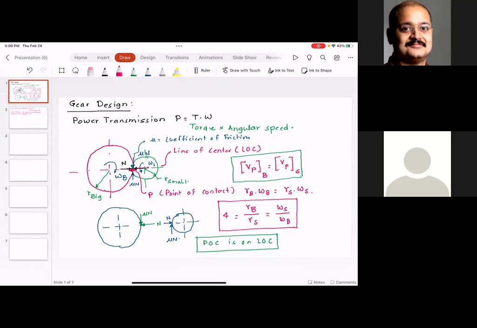So here is the fundamental reason. There are two types of commonly used belts. One is called a V belt, and the other one is called a flat belt. And then there is a timing belt, but that comes a little bit later because it combines some aspects of gearing. But V belt and flat belt, they are not positive power transmission devices, which means they can slip. Imagine you are using a V belt or a flat belt in your bike and you start going uphill.